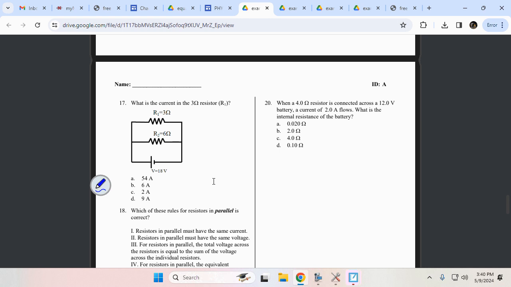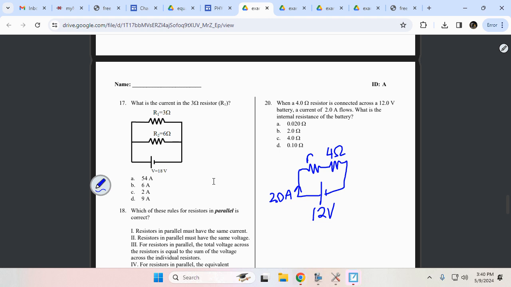See, the circuit that I have here is a power supply with actually 2 resistors. This is 12 volts, this is 4 ohms, and this is the internal resistance of the battery. Now I'm told that I have 2.0 amps going through this circuit, and so I want to know what is the internal resistance of that battery.